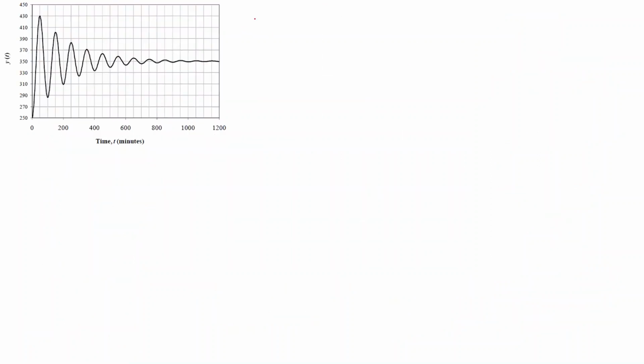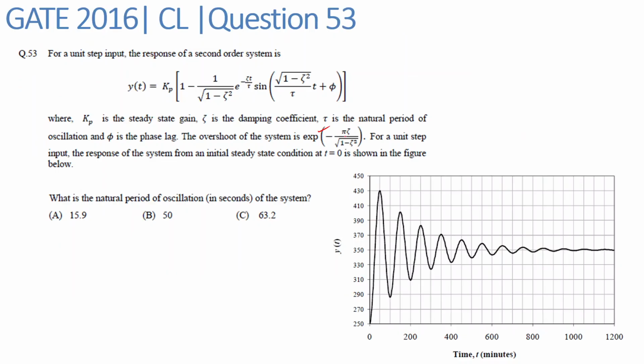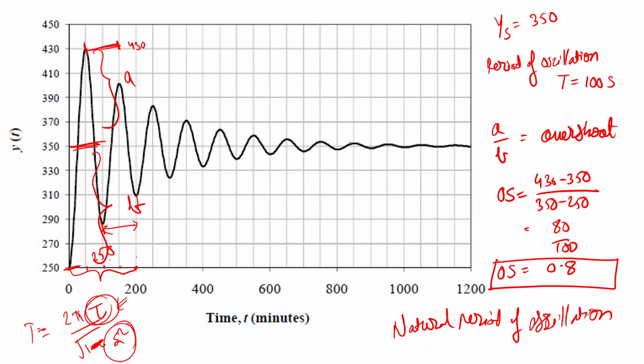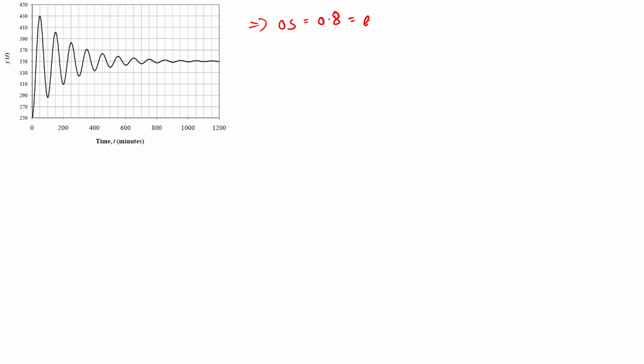So what we have calculated until now is, we have this overshoot is 0.8, and the formula of overshoot we have been provided in the question. It is exponential of minus of pi zeta upon under root of 1 minus zeta square. So we need to solve this equation to find the value of zeta. So we will take a natural log on both the sides.